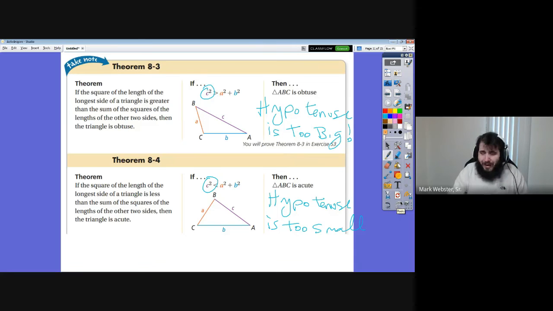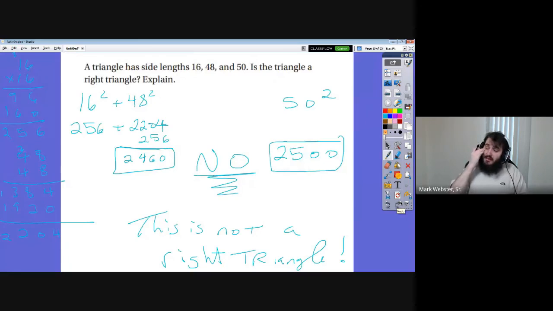So let's go back and look at this last problem that we just did. Here, the hypotenuse squared is 2,500. The sum of the two legs squared is 2,460. The hypotenuse is too big for its legs, which means that it's obtuse.